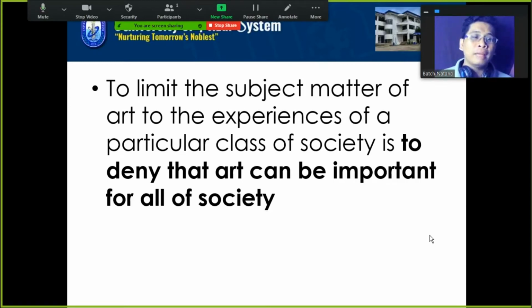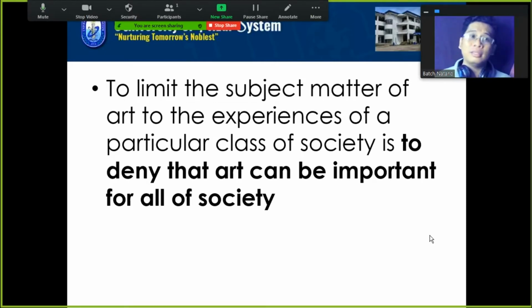Because you see there the concept of Marxism: because you have no money, you can't afford to study art. Because you have no money, you can't watch theater. Because you have no money, you can't buy paintings. So from that experience alone, we can say there's really a societal divide between the rich and the poor.